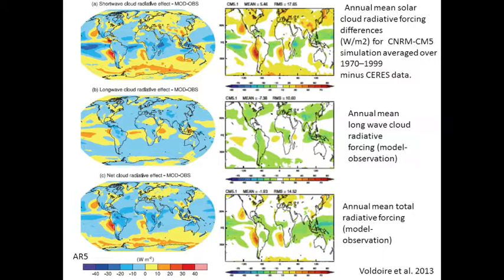So there is more radiation reaching the surface because the clouds can get too much of this radiation in the model. This is why the difference is large in these regions. And in the IPCC regions, there is an excess of clouds.